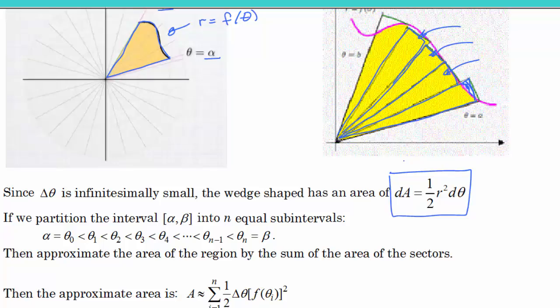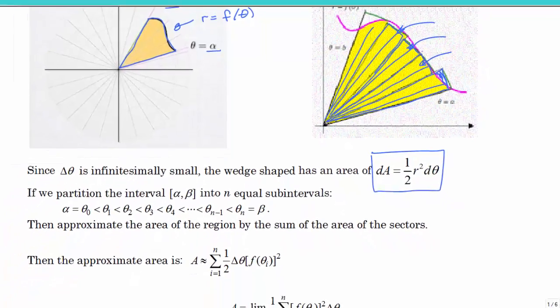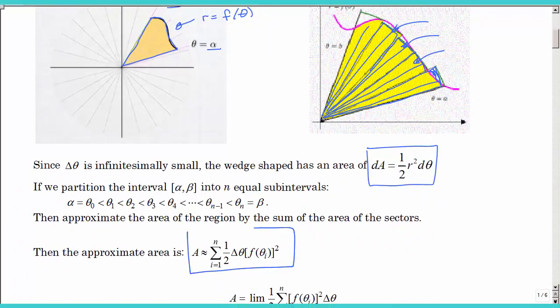So what's happening in the calculus? Well, if we partition it off into many, many sub-intervals, just keep splitting and splitting, making it smaller and smaller, then we can approximate the area of this whole region by adding all those up. Now remember, that's the same as r. r is a function of theta.